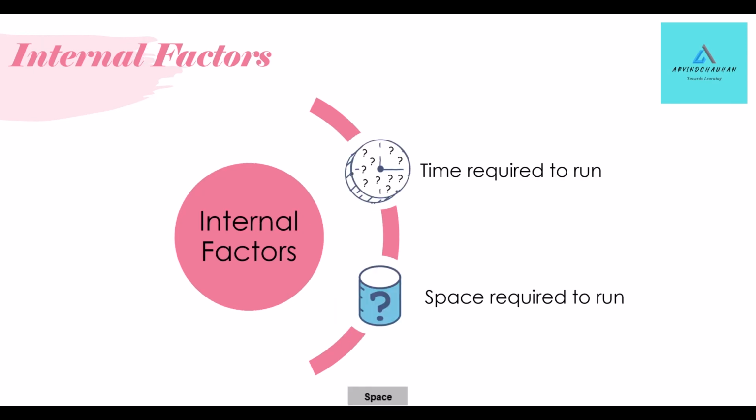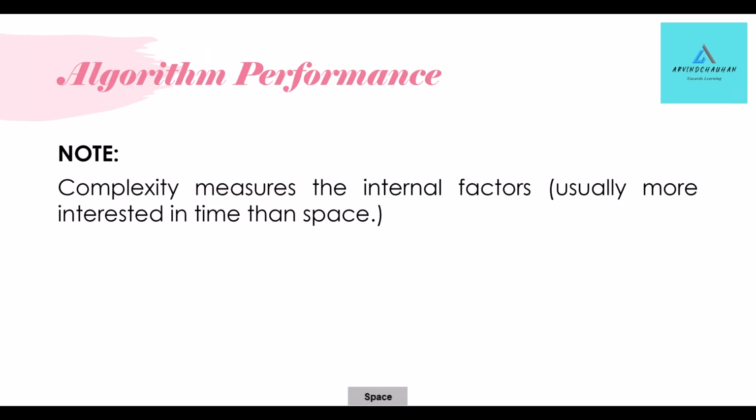In the same way, we have some internal factors. Internal factors are those that affect your algorithm internally, that means time and space. These are the two internal factors. Just keep this point: complexity measures the internal factors, and we are usually more interested in time than space.